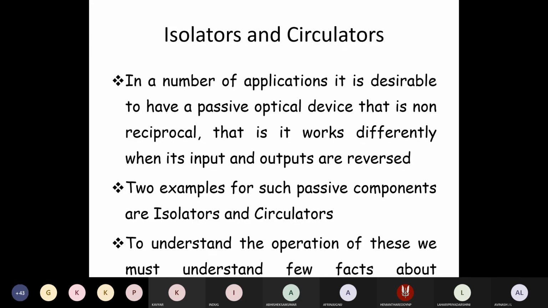That is, it works differently when its inputs and outputs are reversed. Two examples for such passive optical components are isolators and circulators.